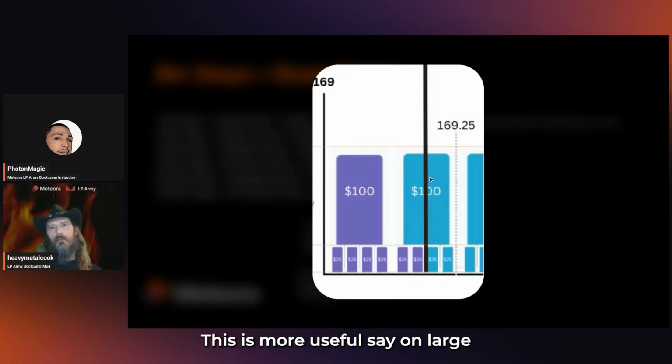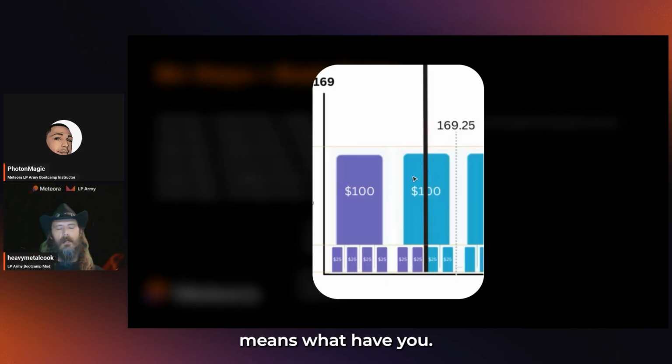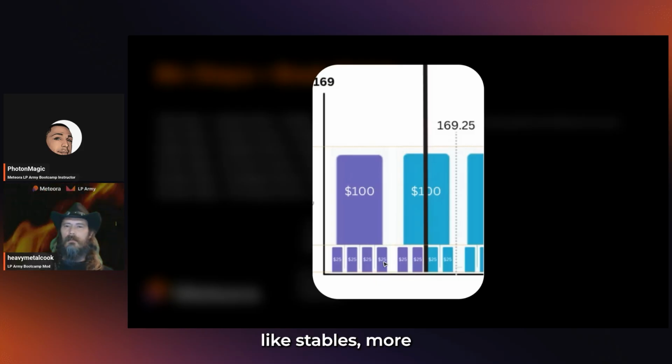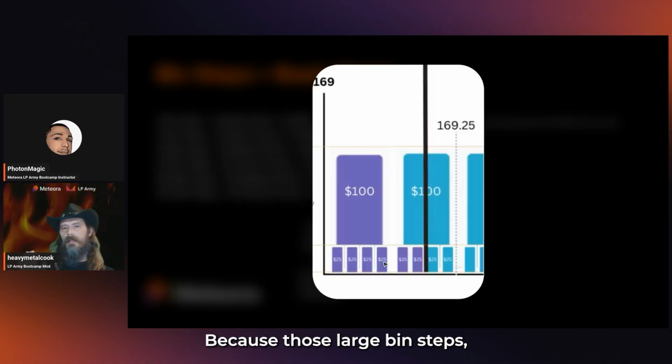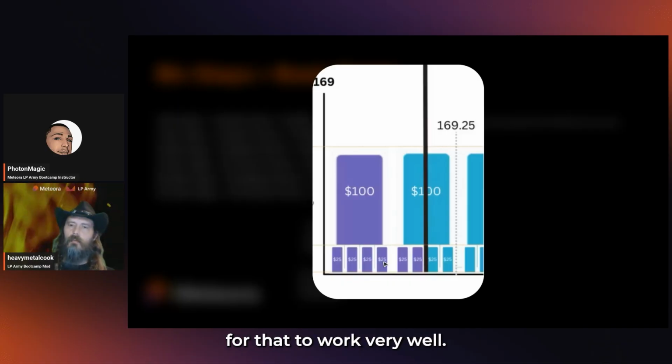This is more useful, say, on small, very volatile memes, what have you. Your smaller bin step is used more in things like stables, more well-established tokens, because with those, large bin steps don't have enough price movement to work very well.